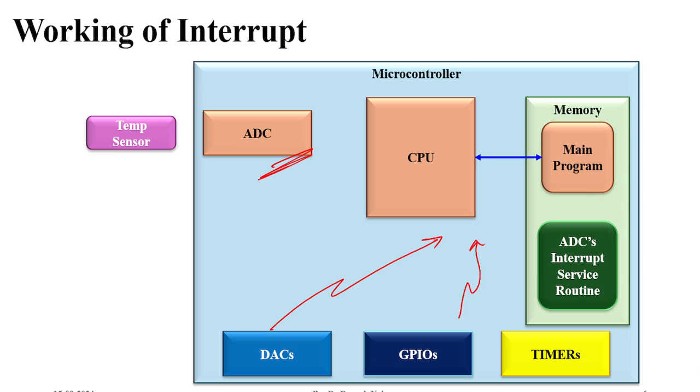Similarly, the GPIOs can also provide data to the CPU via their interrupt service routine, and timers or any other peripherals can provide data to the CPU via their own interrupt service routines. In this way, interrupts help the microcontroller save the resources of the CPU and complete all the tasks within a specific time period.